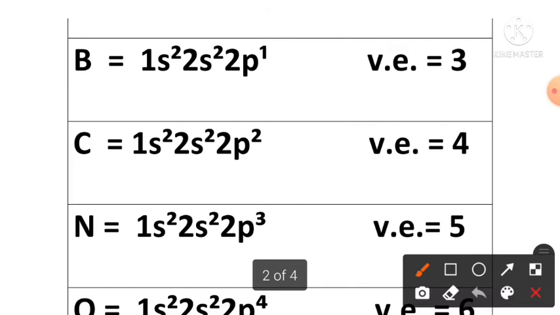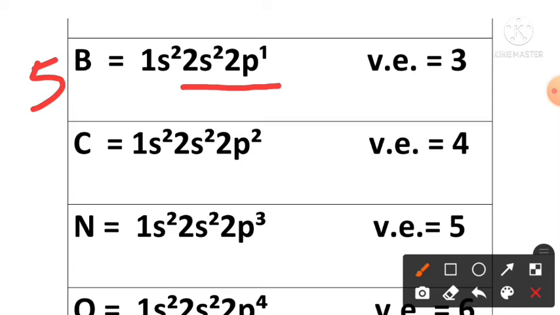Here we know that Z of boron is 5. So we write its electronic configuration 1s2, 2s2, 2p1. Now its outermost shell is 2s2 and 2p1, and the number of electrons present in the shell is 2 and 1. So valence electron is 3.